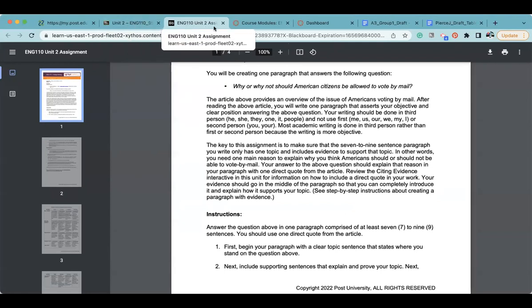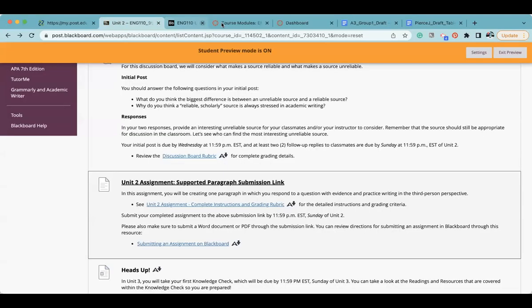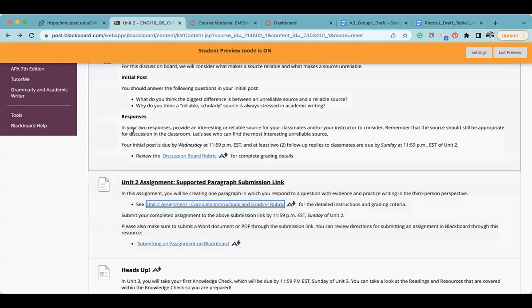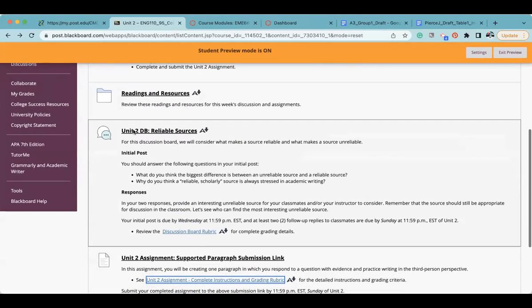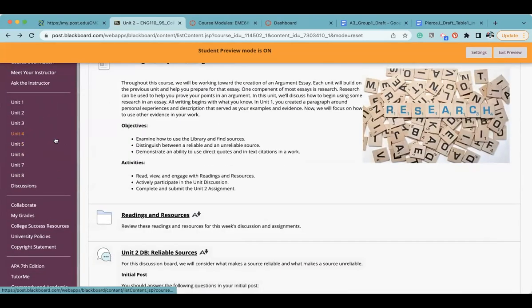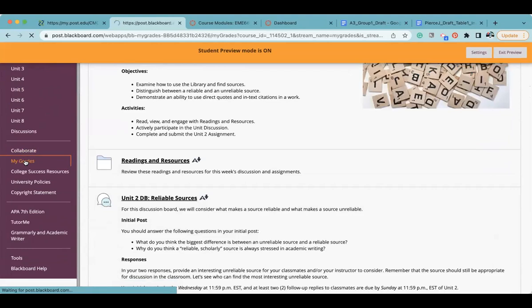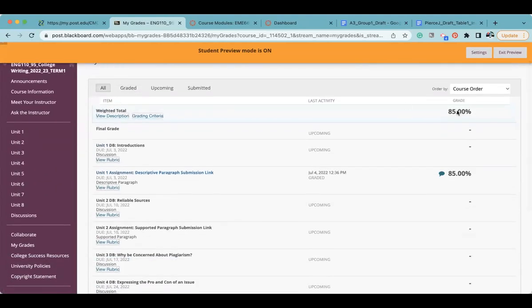So you'll want to get your feedback, and that will also help you to make sure you're doing what you need to do on the Unit 2 assignments. So if you see a grade in your grade book, which you will get, you will click on My Grades, and you will notice that there's a dark, bold grade, and there is a little comment box.